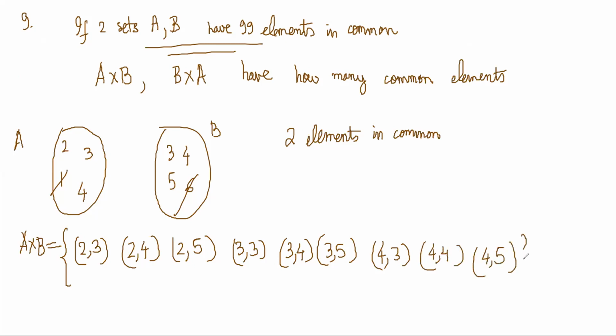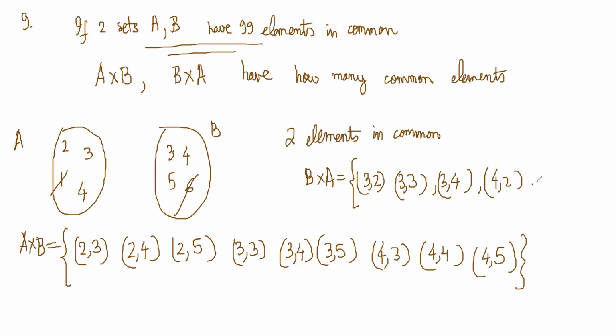And B cross A is 3 2, 3 3, 3 4, and then 4 2, 4 3, 4 4, and then 5 2, 5 3, and 5 4.